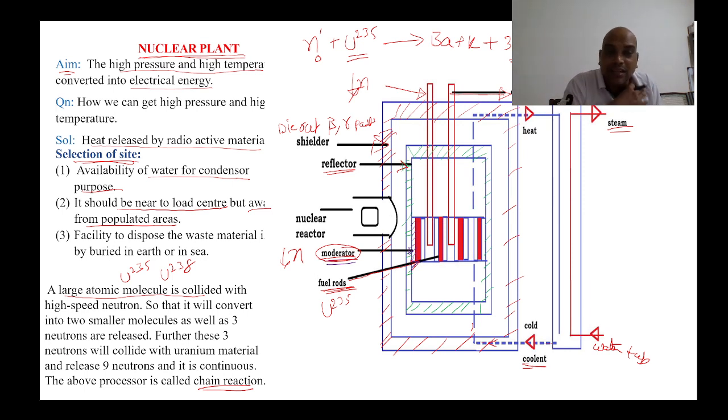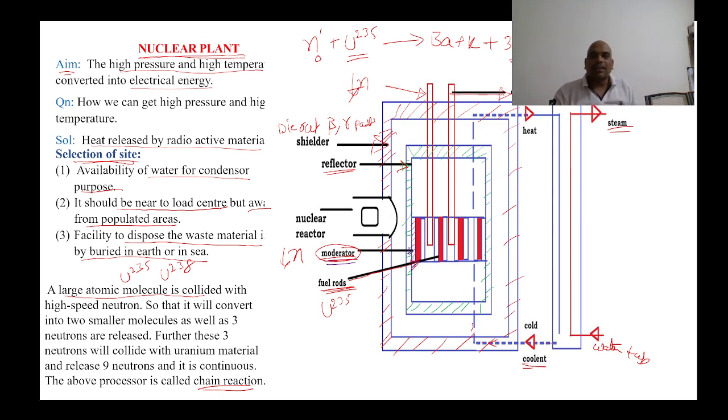Otherwise, people will get side effects. Clear? Next, facility to dispose the waste material, which is buried in earth or in sea. This is very important. So this is about the selection of site.